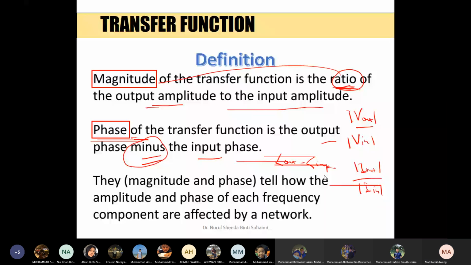So the magnitude and phase basically tell how the amplitude and phase of each frequency component are affected by the network.